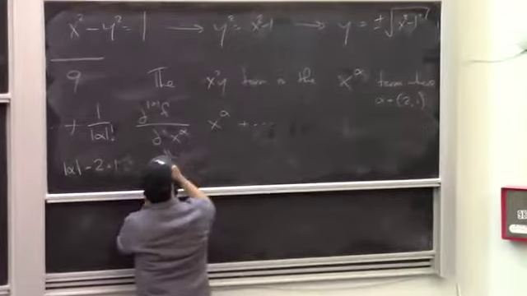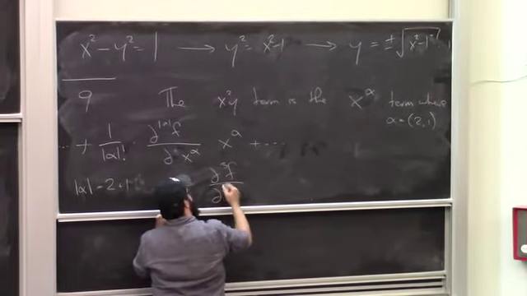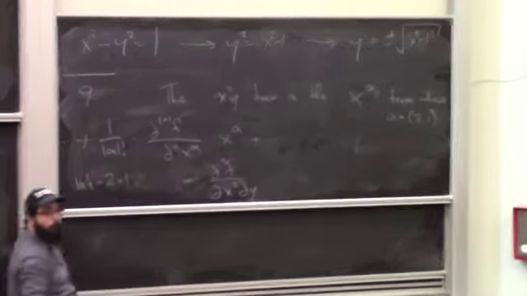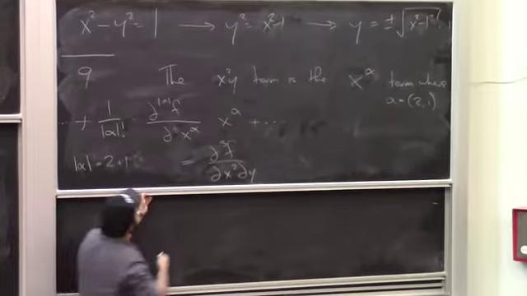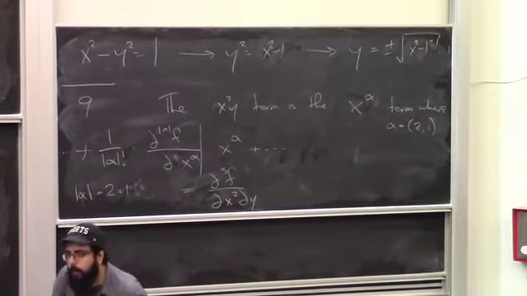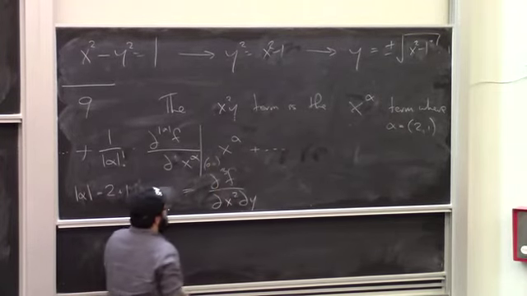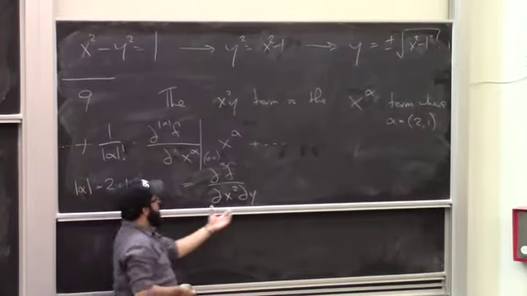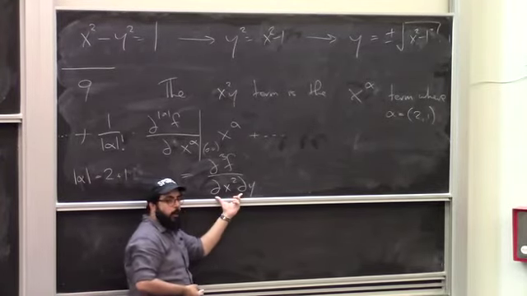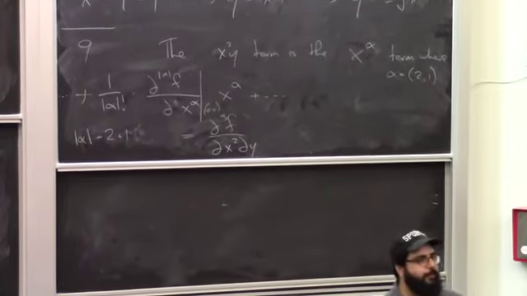So it's this. And then evaluated, of course, at the point. This is all evaluated at whatever the point is. 0, 0, of course. So to compute this, you need to compute this derivative of the function, plug in 0, 0, and then divide it by 6, which is 3 factorial.